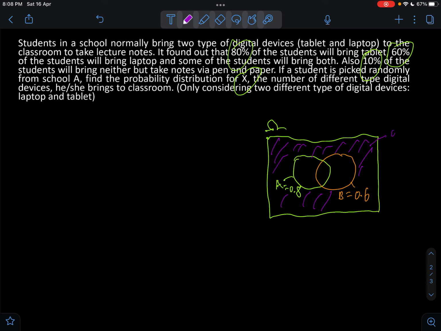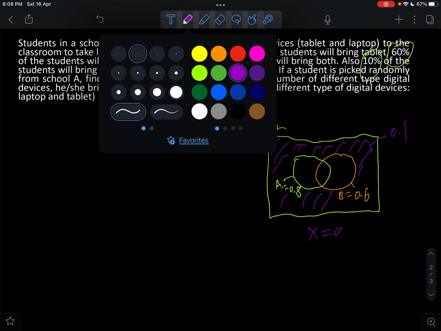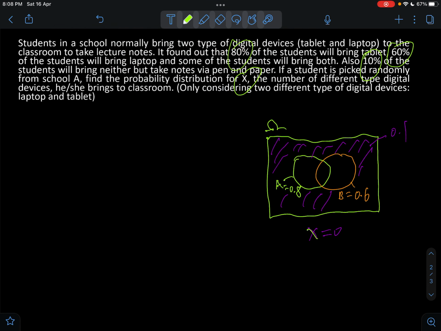So now the question is asking us the distribution of random variable X, the number of different types of digital devices that students bring in. So basically, there are three scenarios for X. X can be equal to 0, which means that the student did not bring any digital devices into the school.